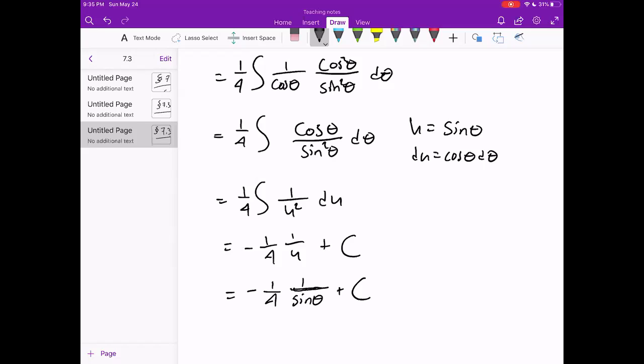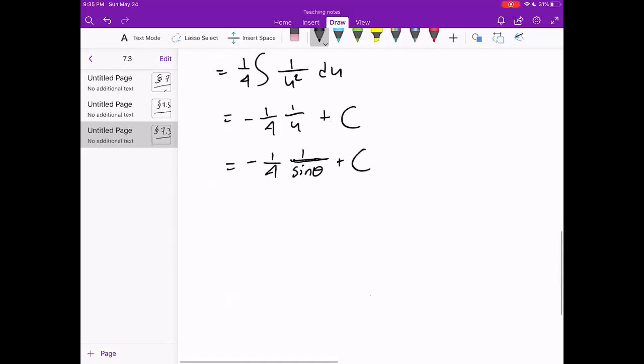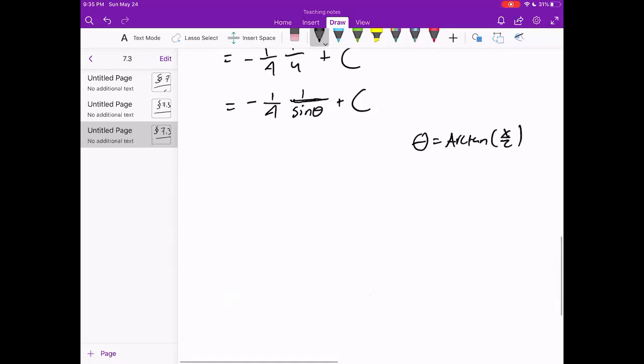And now comes the tricky part. I don't want this in terms of theta. So you'll remember I solved for theta up top. I got theta as the arctan of x over 2. I'm going to draw my triangle. We're going to call this angle the arctan of x over 2.